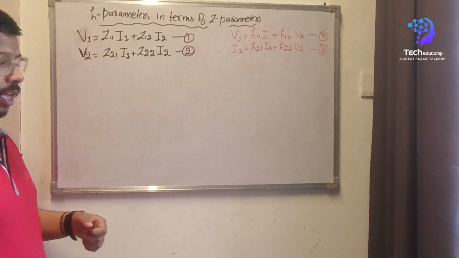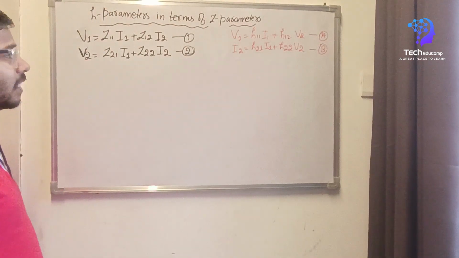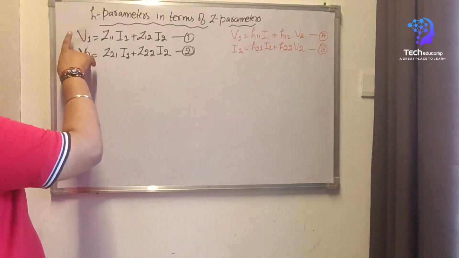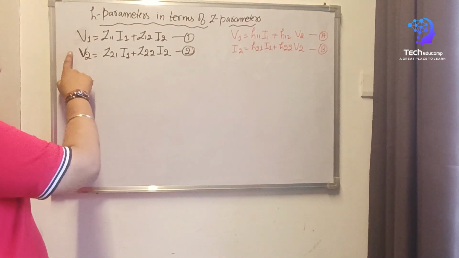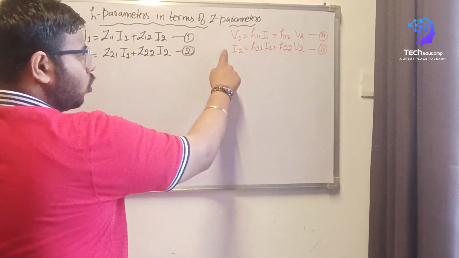Now when you compare these four equations, you can see that on the left hand side we have input voltage and output voltage, and here we have input voltage and output current.